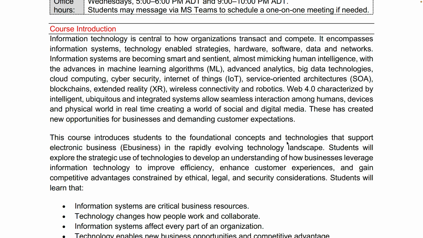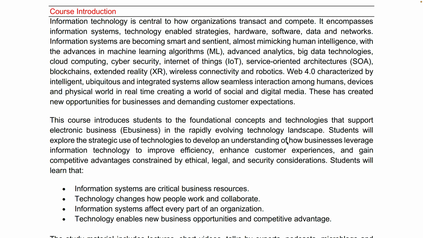So let's talk about the course. This is very exciting and a demanding course to study because the landscape is changing very fast. So the same course offered a term apart would have significantly upgraded content and new case studies.